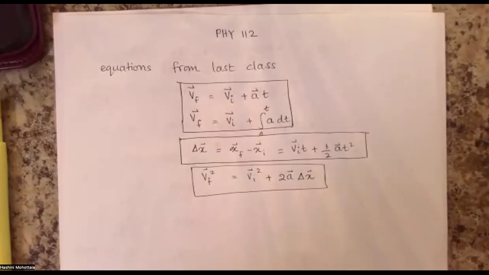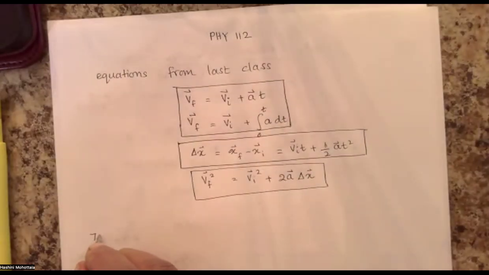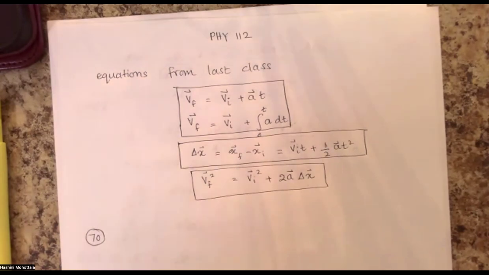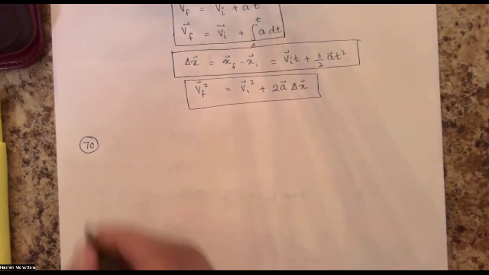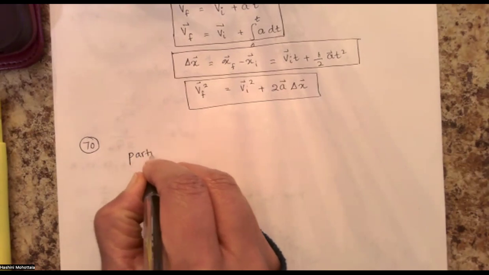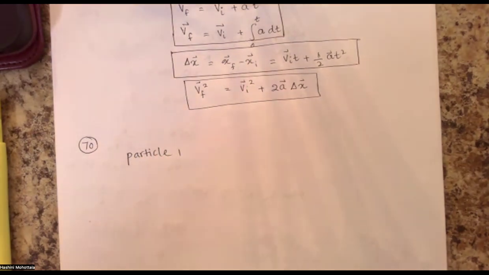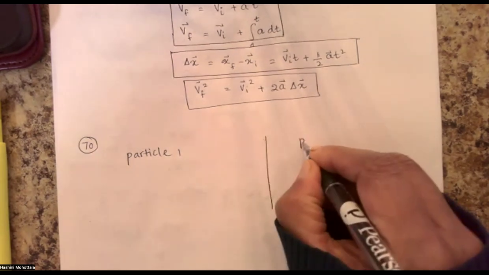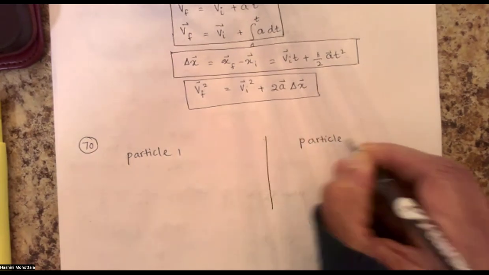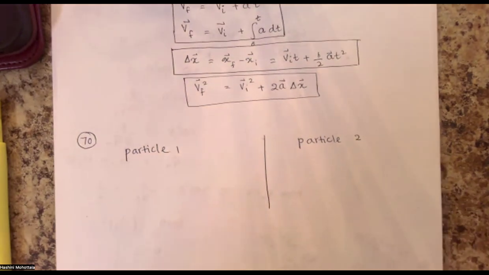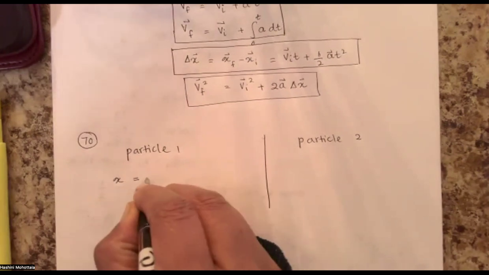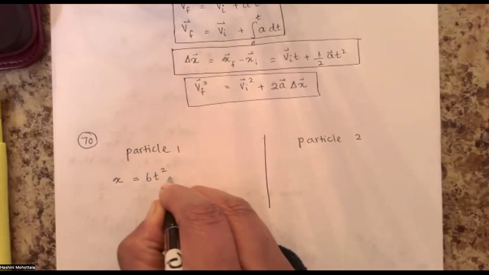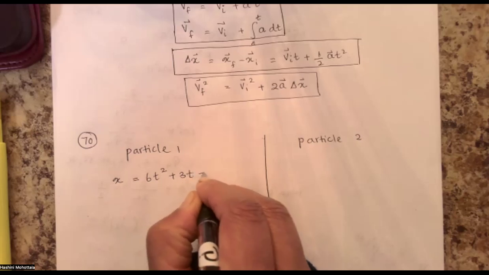There you go. All right, so particle 1, this is problem number 70 from my version of the book. Maybe it's not the same as what is posted on Blackboard. But anyway, particle 1 on this side, and the other side, particle 2. Particle 1 has x, the displacement, given as a function of time: 6t square plus 3t plus 2.